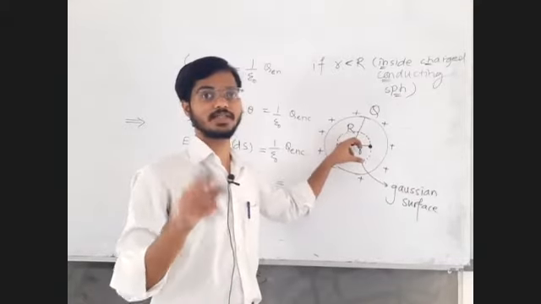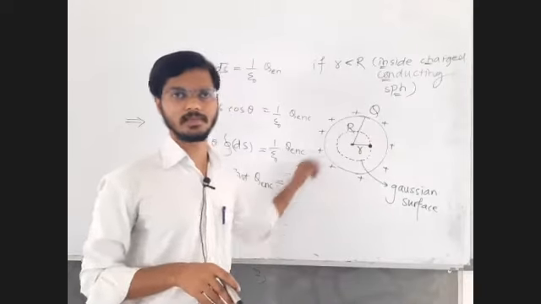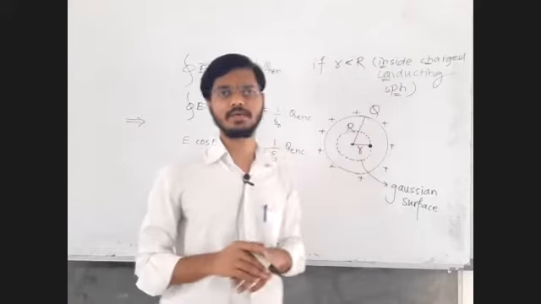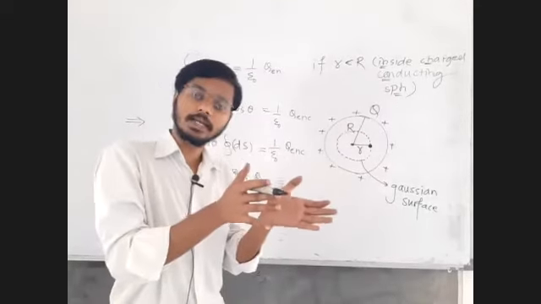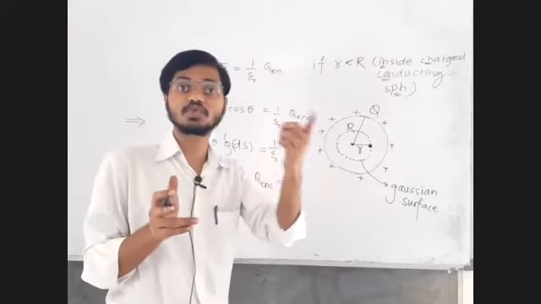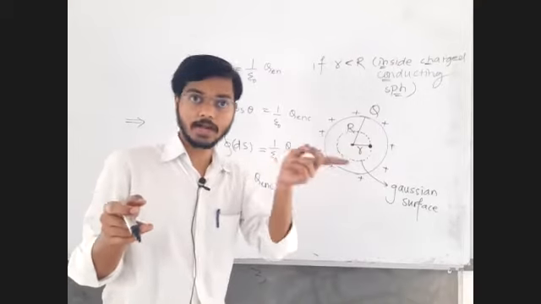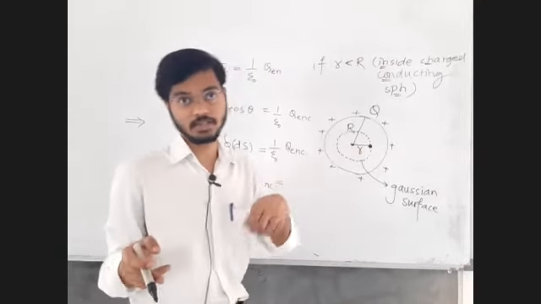Yes, it's as good as Newton's shell theorem. Outside you will have gravitational acceleration. Inside you will not have gravitational acceleration. Gravitational acceleration is analogous to electric field. Gravitational acceleration is force upon mass. Electric field is force upon charge. Charge analogy is mass.